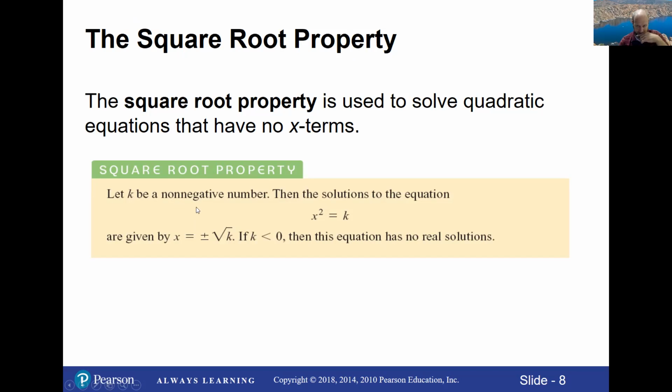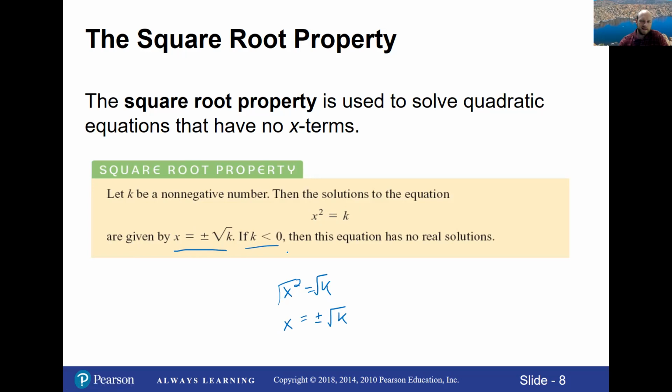So if you have a non-negative number equal to x squared, then the solutions are given by x equals plus or minus the square root of that number. So if you have x squared equals k, what you would do is take the square root of both sides, and then you would get one solution that is the positive square root of that number, and one that is the negative square root of that number.